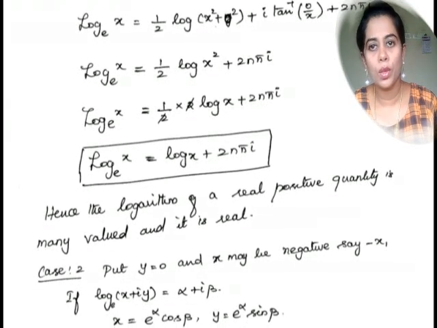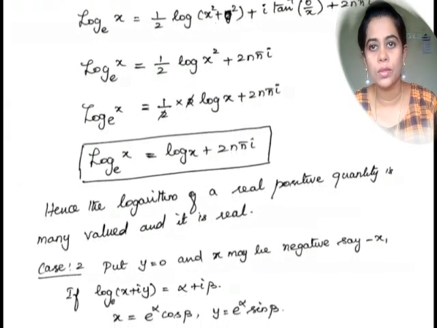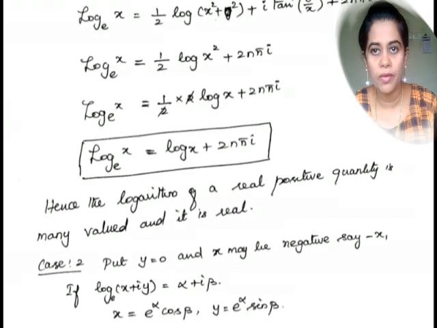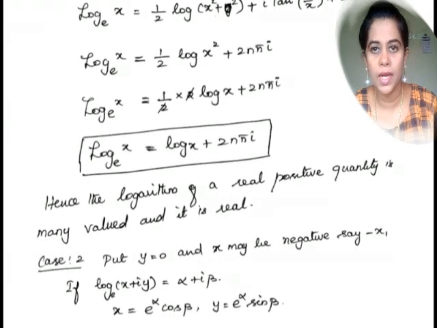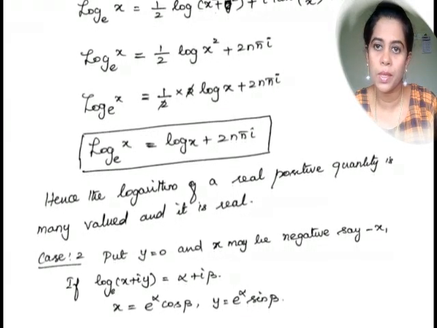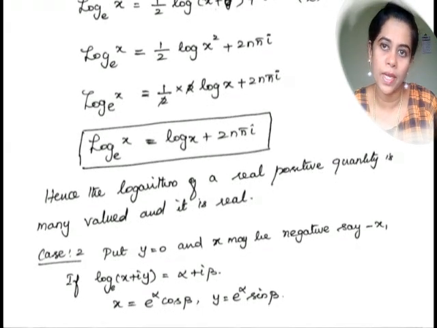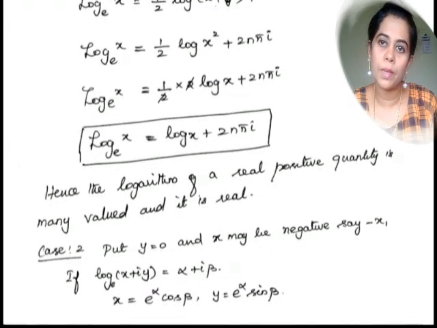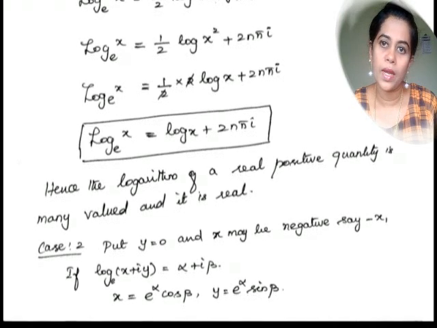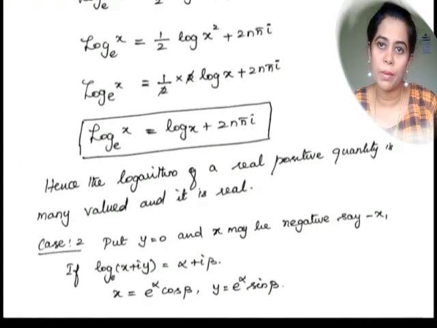Then taking e on both sides, x plus iy is equal to e power of alpha plus i beta, which can be written as e power alpha into e power i beta. E power i beta can be written as cos beta plus i sin beta. And now we can equate the real and imaginary portions.